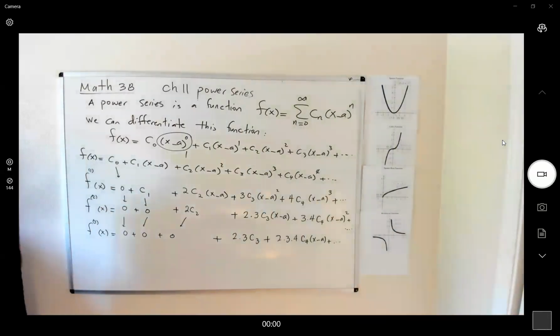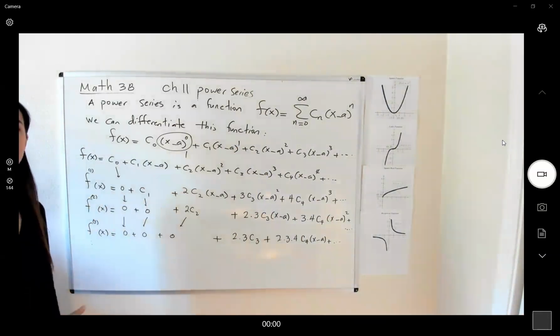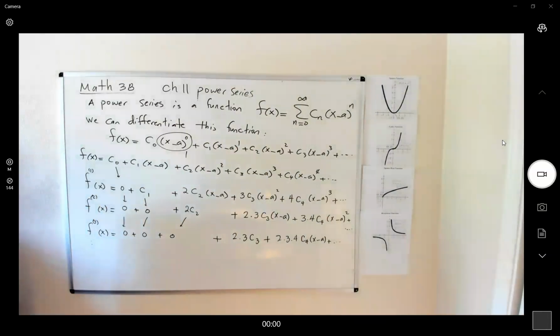So you can continue this process. If you continue this process and take the nth derivative of the function, you get some terms left.